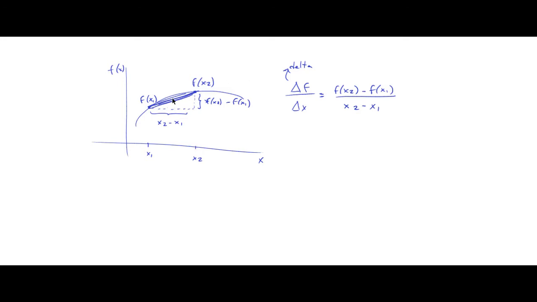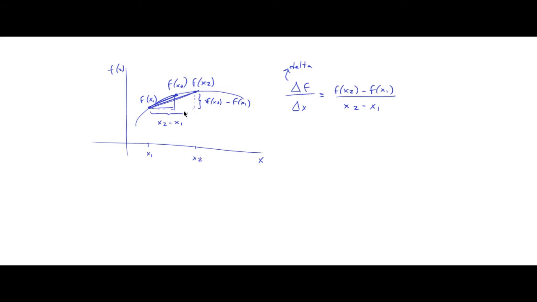But it's clear that if, instead of choosing x2 and x1, we choose a different point, for instance, let's say x3, between x2 and x1, the slope is going to be different. The change between one and the other is going to be different.